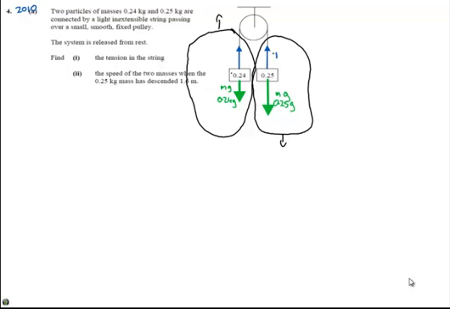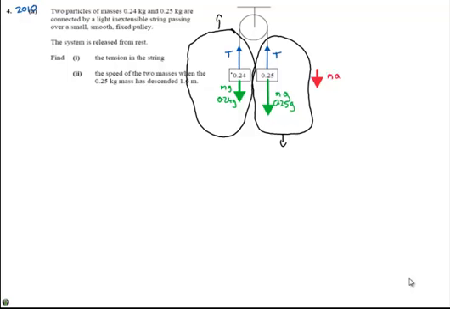So we've got this tension here, they're the same. The forces of gravity are different. We know that this system on the right hand side, and I'll do it in red, will overall accelerate, and this will be mass times acceleration.